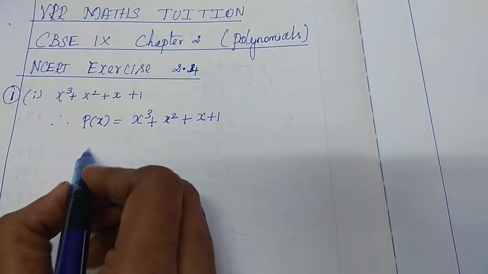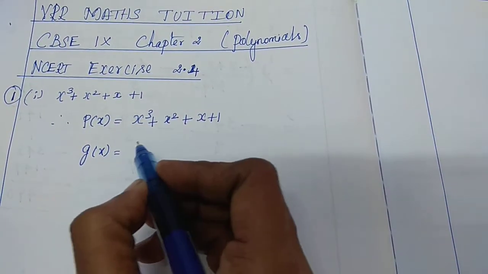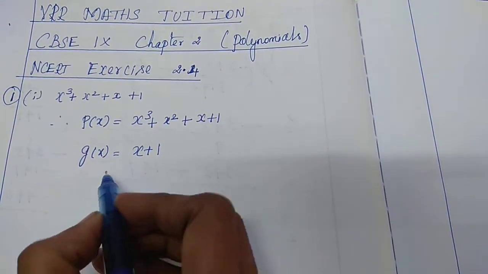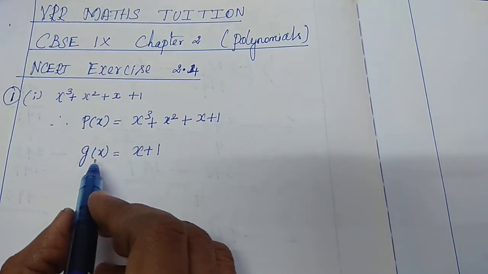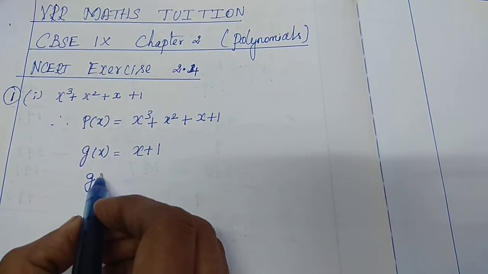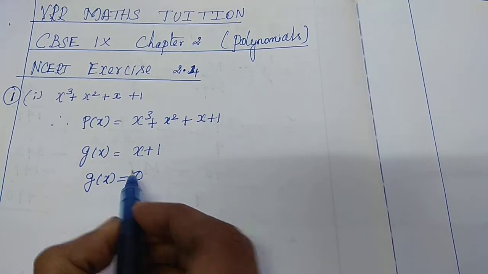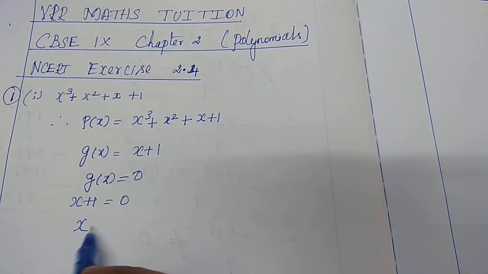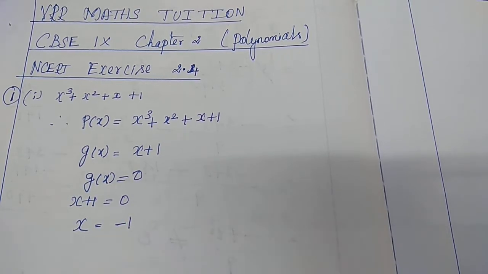Our g of x is equal to x plus 1. For finding the zero of g of x, put g of x equal to 0. Therefore, x plus 1 equals 0, so x is equal to minus 1.